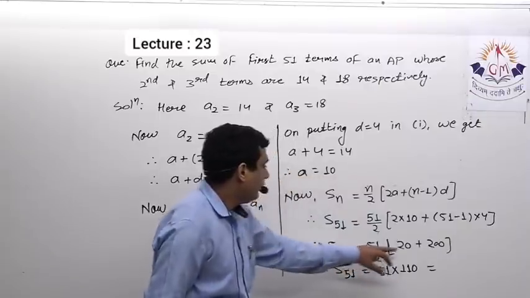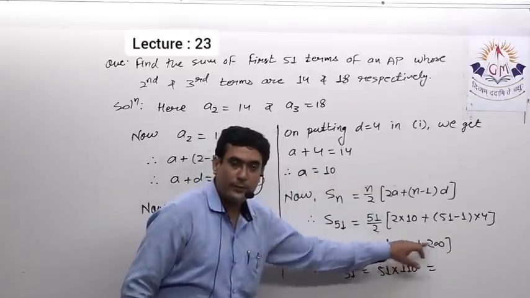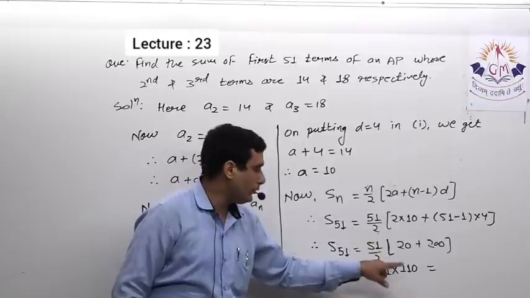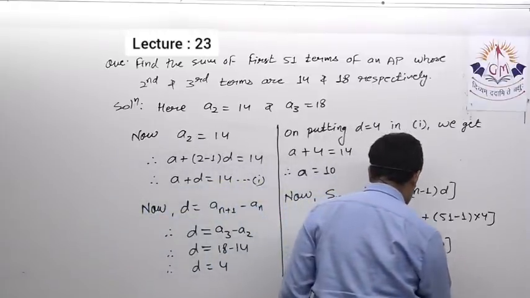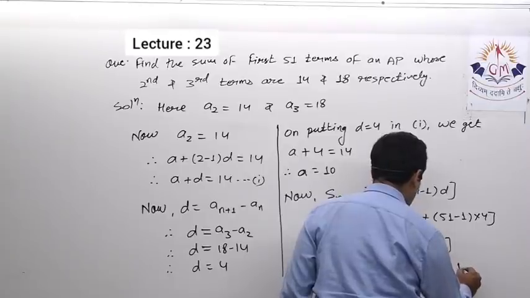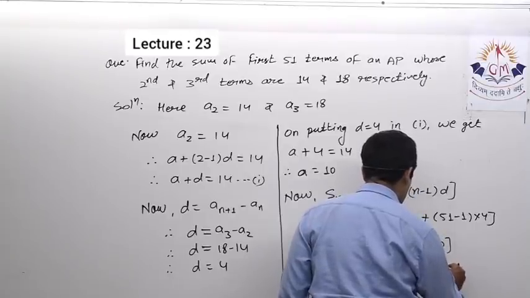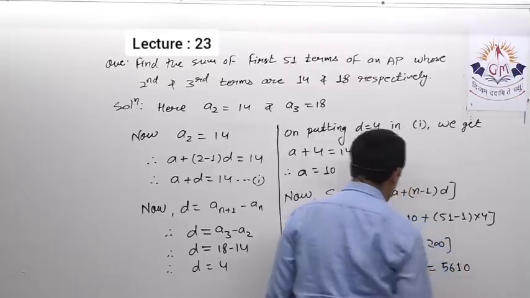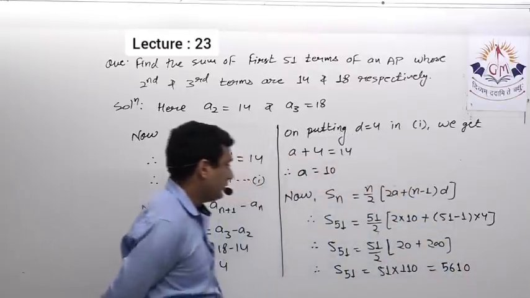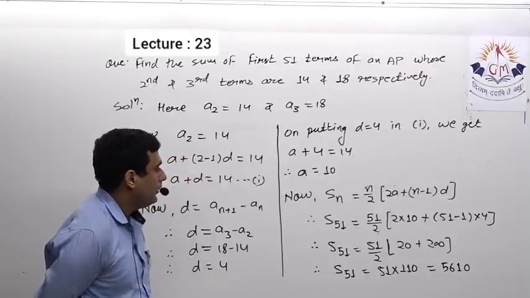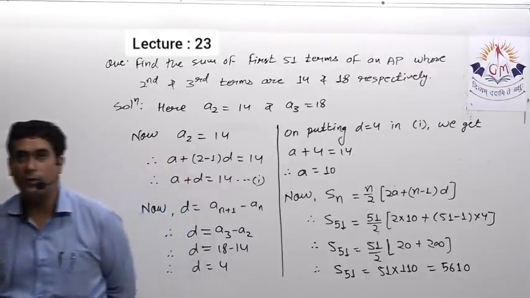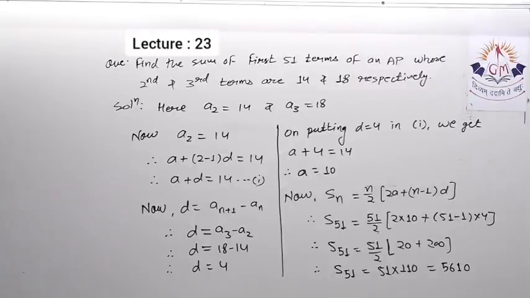Okay, what I did, 200 plus 20, that is 220. 220 divided by 2 gives you 110. So final answer is 5610. Okay, so please note it down, then we'll see the next question.